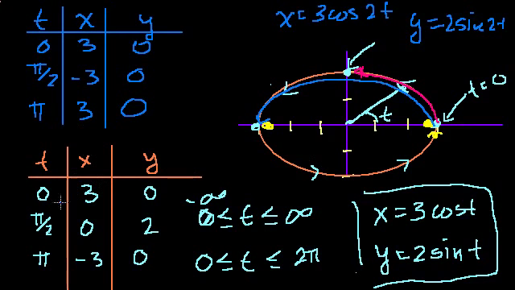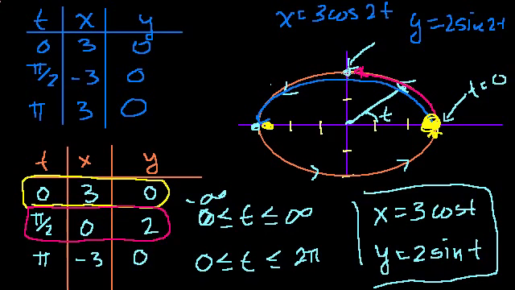But what we saw in the previous video is when you plot these points, at time t equals 0, this point right here, and then at t equals pi over 2, we got right there, and then at t equals pi, we got over here. And we did that to establish that the direction of motion, if these parametric equations really are describing some type of motion, would be counterclockwise.